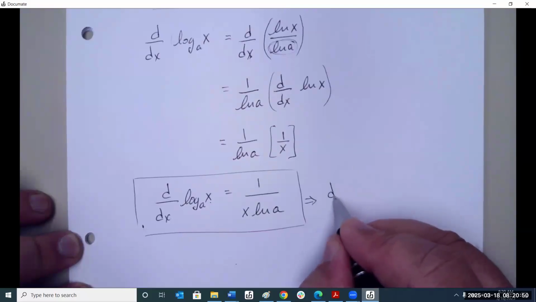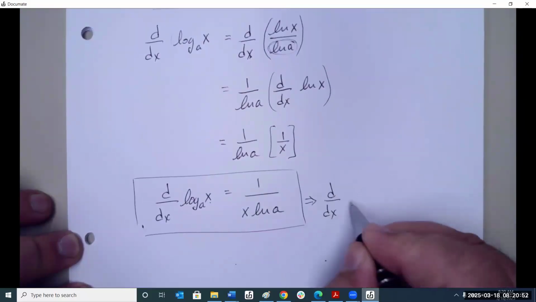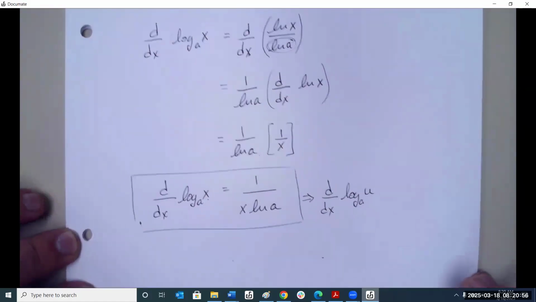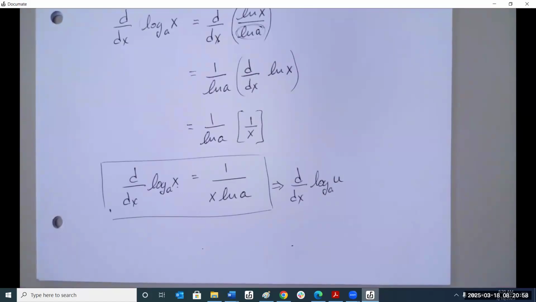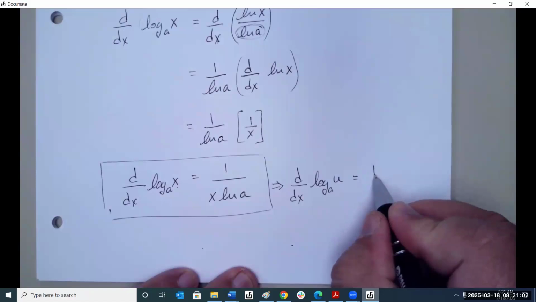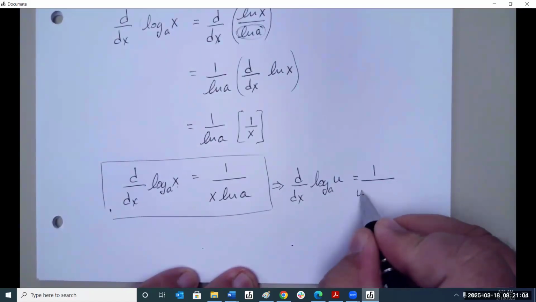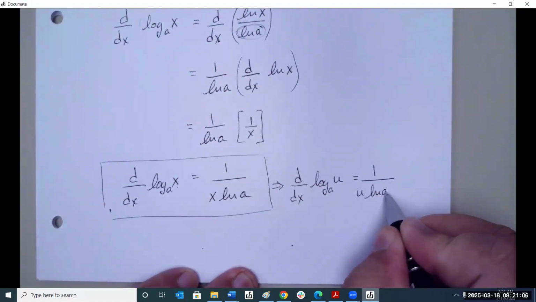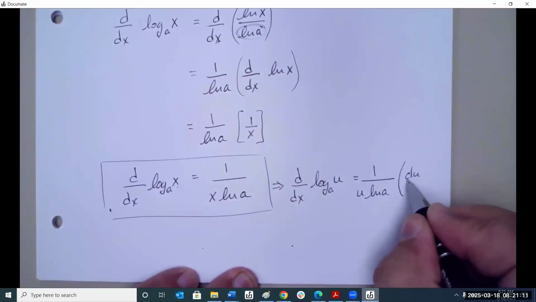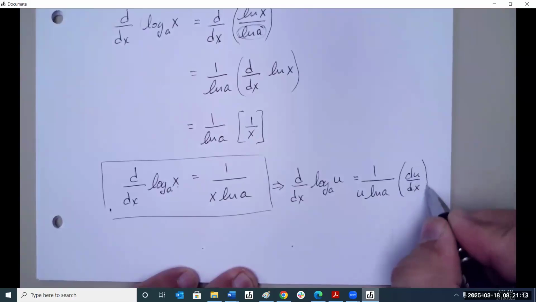We can rewrite this also as log base A of u, where u is a function of x. That equals 1 over u ln A times the derivative of your function.